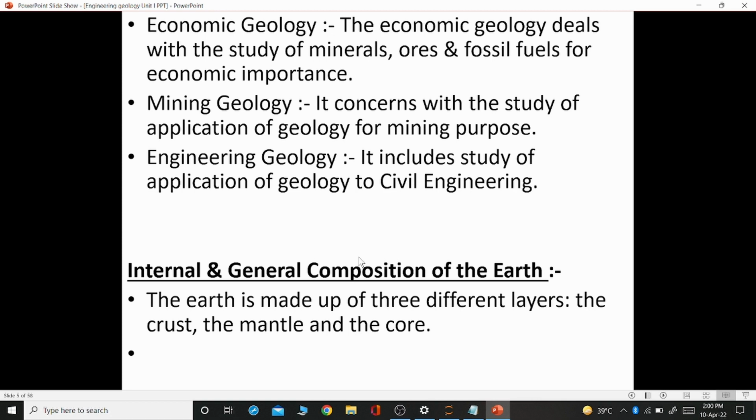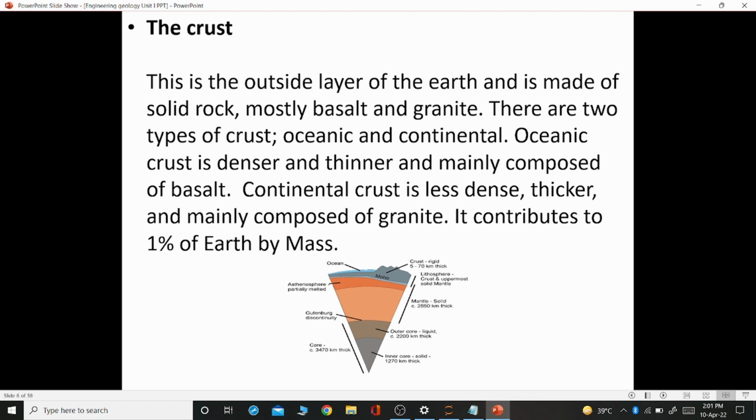So, internal and general composition of Earth. The Earth is made up of three layers: the crust, the mantle, and the core. The crust is the outermost layer of the Earth. As you can see in the section, a small section of Earth, this is the crust section, showing some bluish. This is the outside layer, made up of solid rock, mostly basalt and granite.